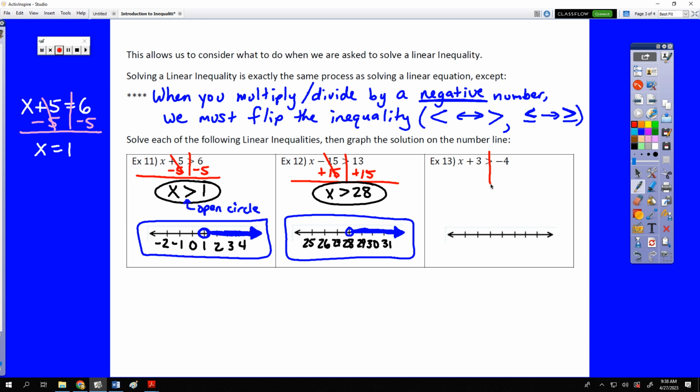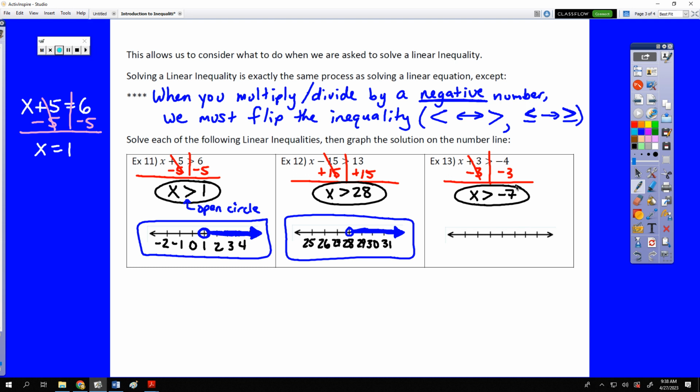Subtract 3. Okay, it says +3, so we do the opposite, which is -3. Now, we're still not multiplying or dividing, so we still don't have to worry about the difference between an inequality and an equation. It still behaves exactly like an equation. So that would give us x is greater than -7 for our solution. -4 minus 3 is -7.